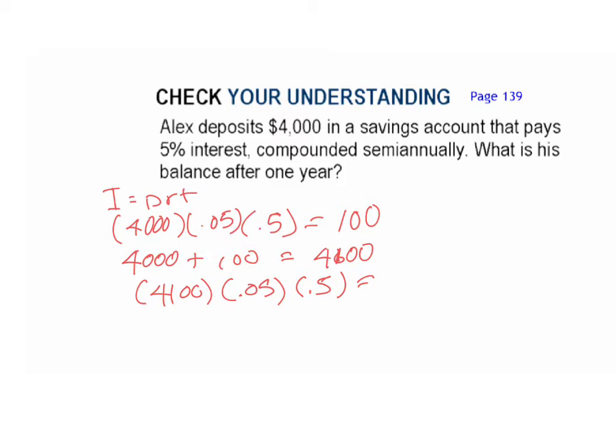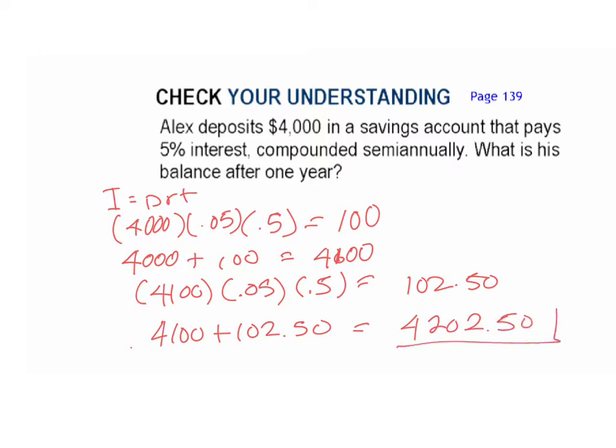And our answer for interest for the second 6 months is 102.50. And to get our balance, we add it to the principal. And after 1 year, we have $4,202.50. Please get that down and we'll go to the next slide.